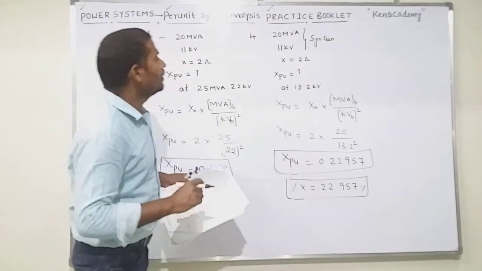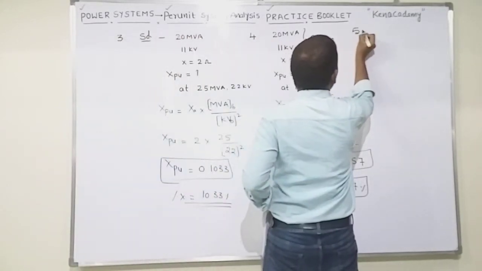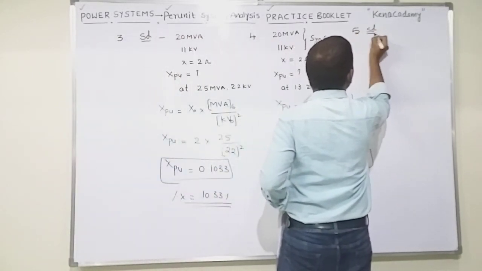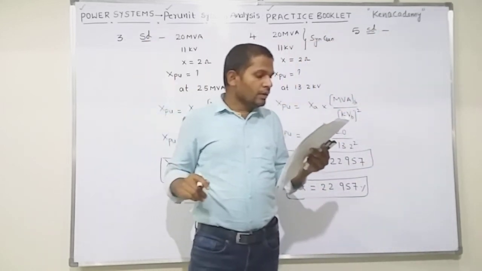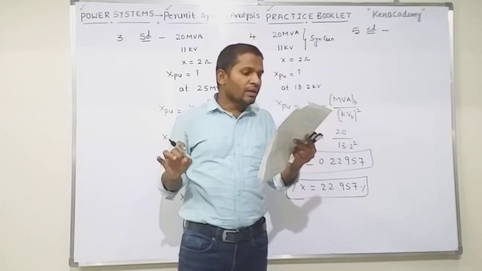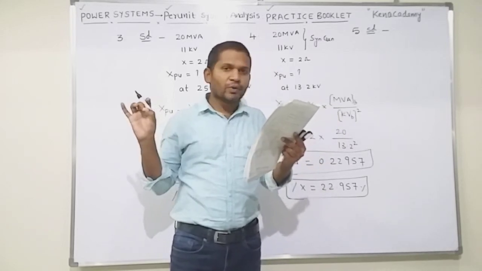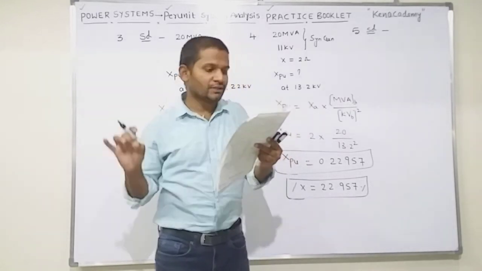Yes. See question number 5. I am giving the solution. Is it okay? Yes. A 50 MVA, 13.2 kV generator, X equal to 1.8 per unit. Then the reactance of the generator in ohms is dash.